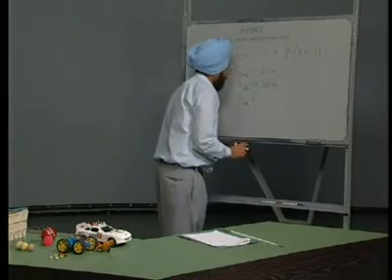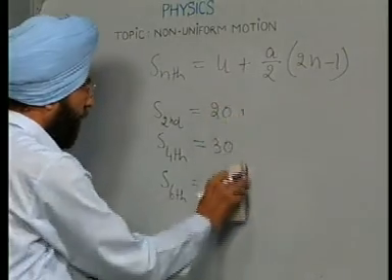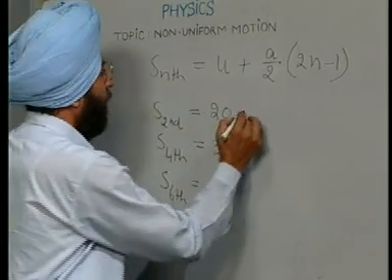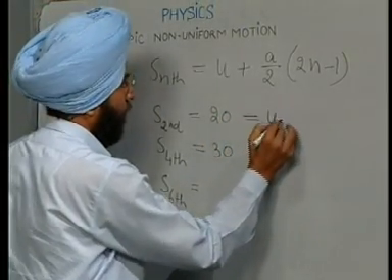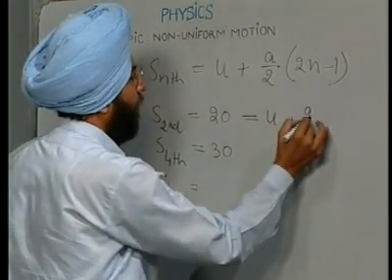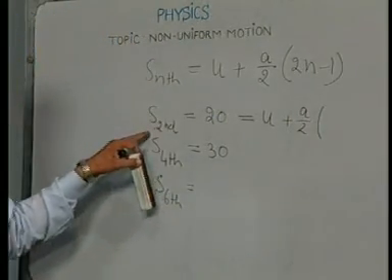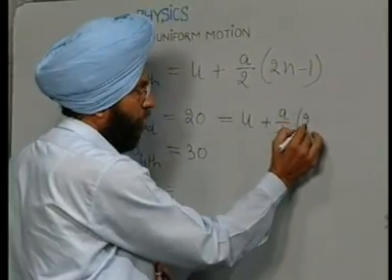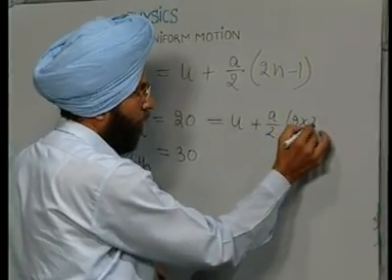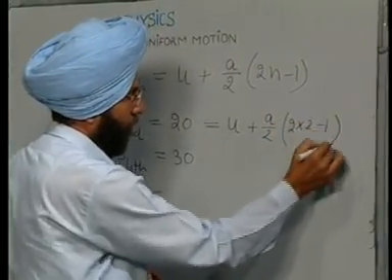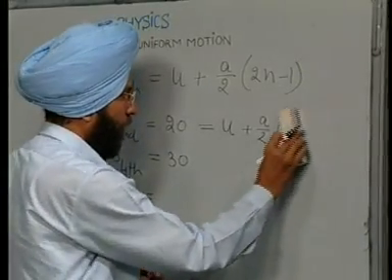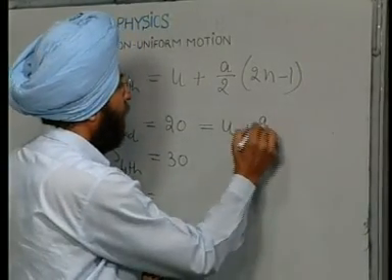We can write the formula u plus a by 2 into 2n minus 1. Here n is equal to 2, so this will be 2 into 2 minus 1, which is 3 a by 2.